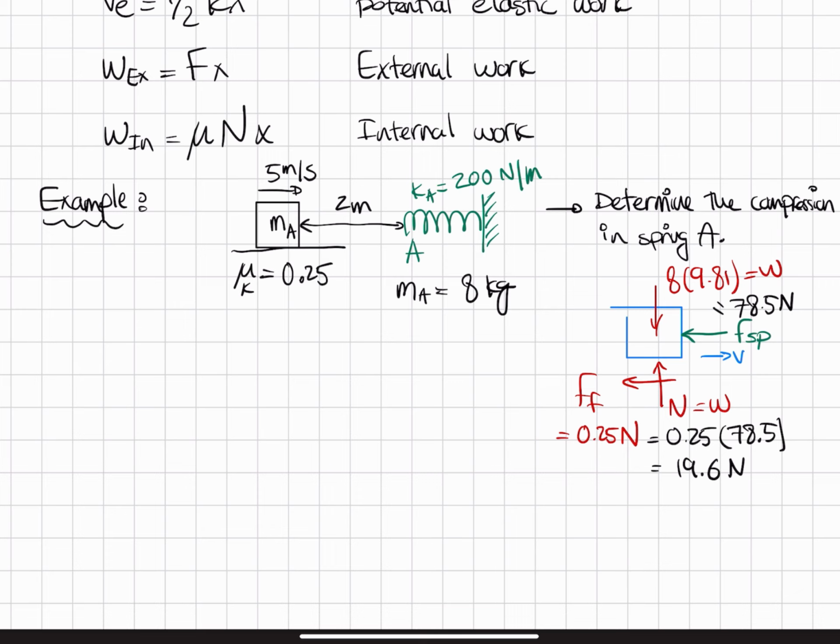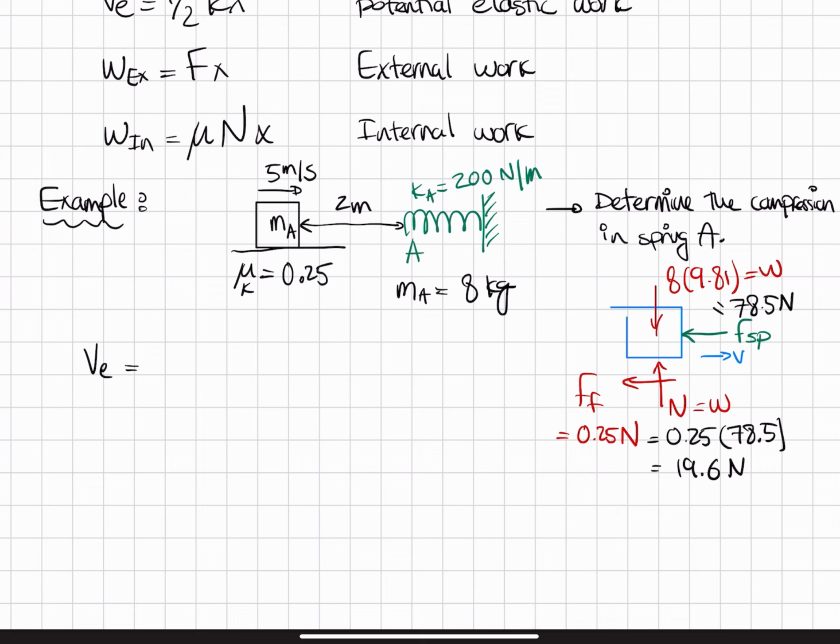Let's put everything together. So we're going to have work that's done by the spring. We said we will use the term VE for elastic potential energy. When I'm moving to the right, my spring force is to the left, so the force and displacement are in opposite directions.